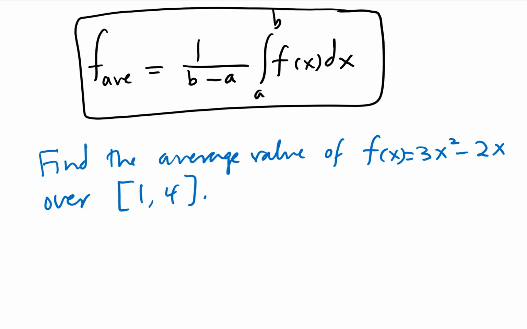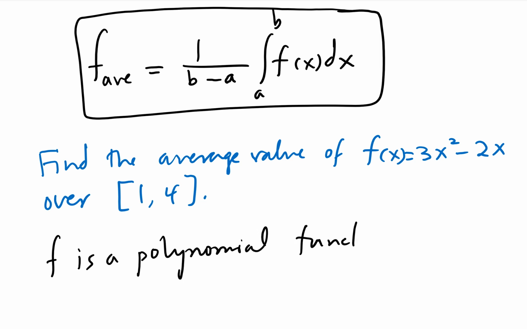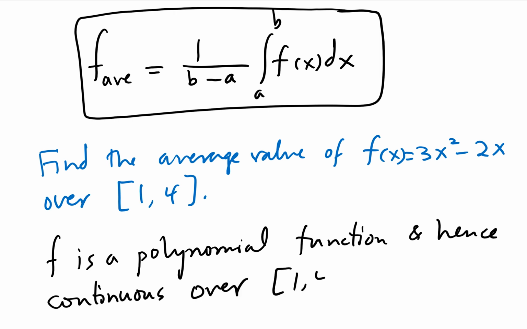The first thing we need to do here, it would be nice to say f is a polynomial function, and hence continuous over the interval 1 to 4. Right?